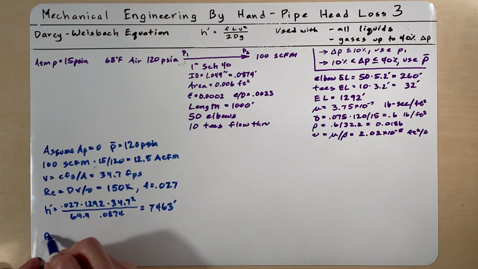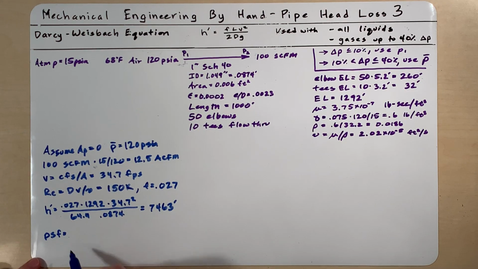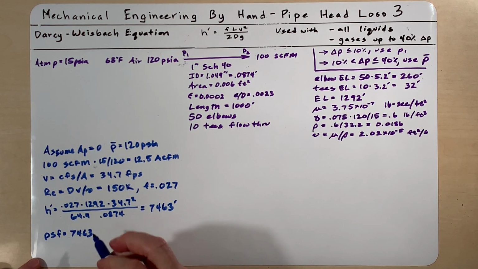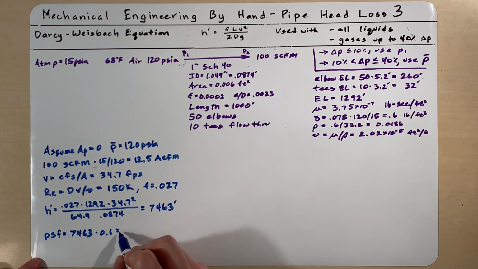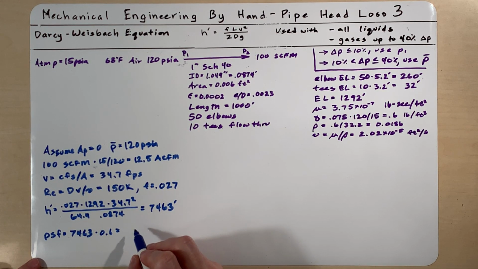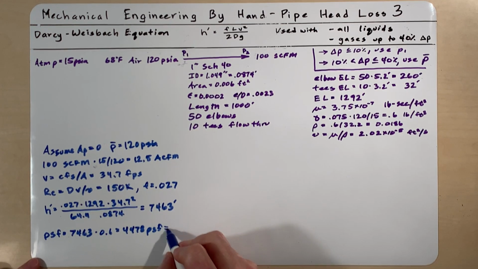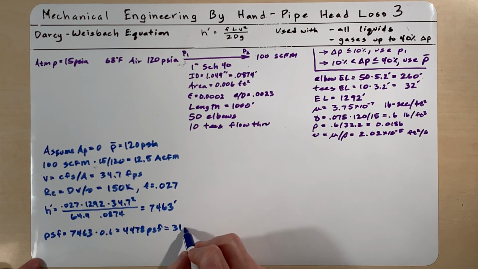So PSF is just the feet, 7463, times our specific weight of 0.6, and that is 4478 PSF, which is equal to 31 PSI.